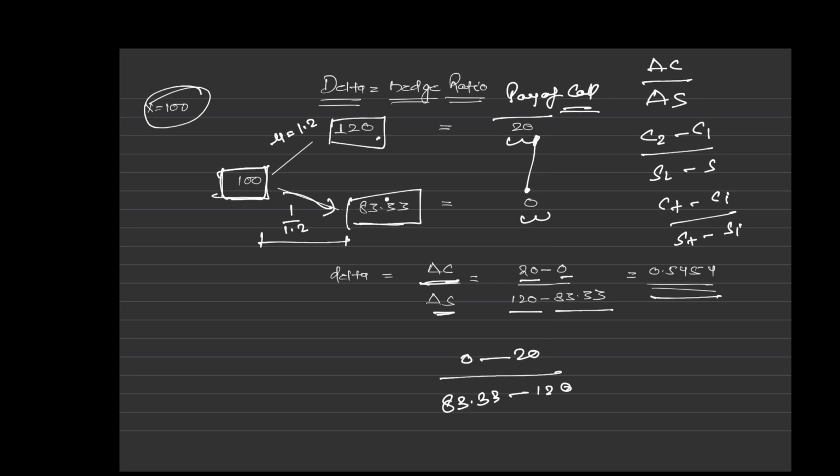That will give me a value of 0.5454. And this is the delta of the call, and it is also called the hedge ratio. Now, why it is called the hedge ratio, we'll discuss this in a different manner than what is generally written in the book. We'll try to understand it with the help of the delta neutral strategy.